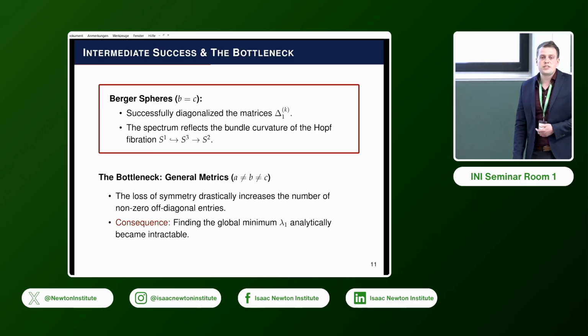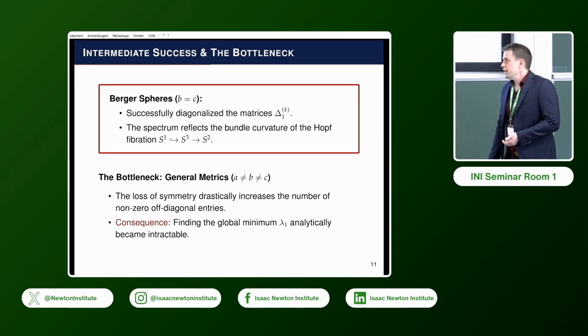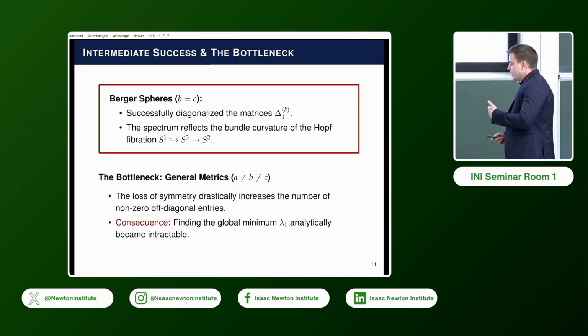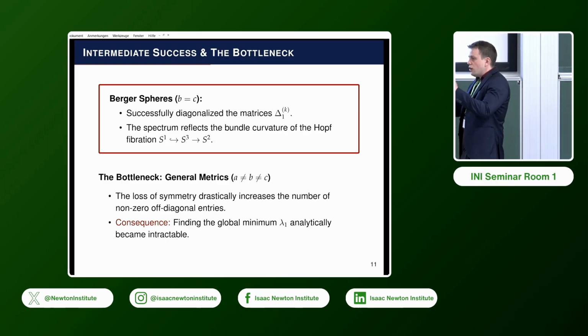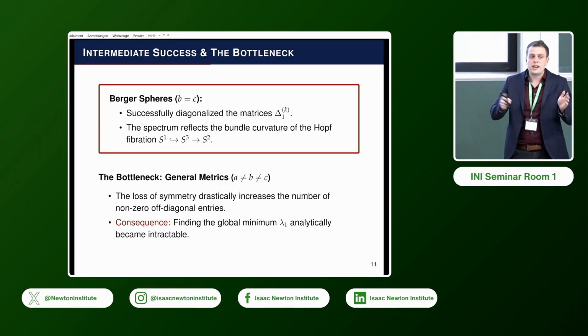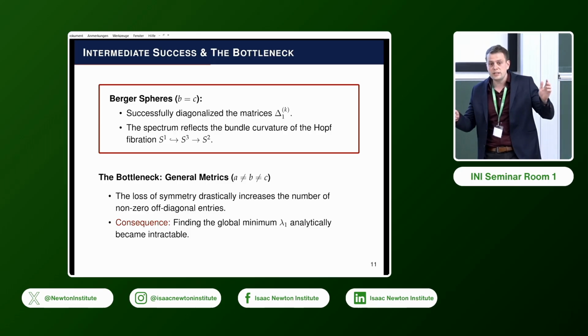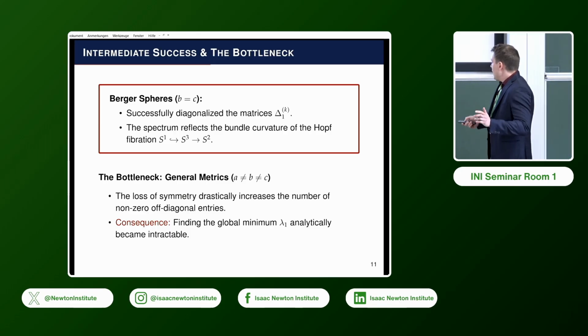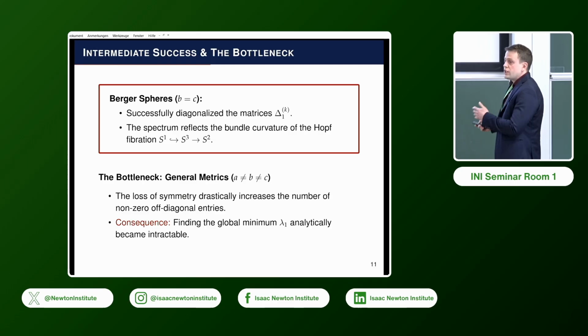The bottleneck is the case of general metrics, where A, B, and C differ from each other. In this situation, those matrices have more non-zero entries, and it's very difficult to compute the first eigenvalue already.